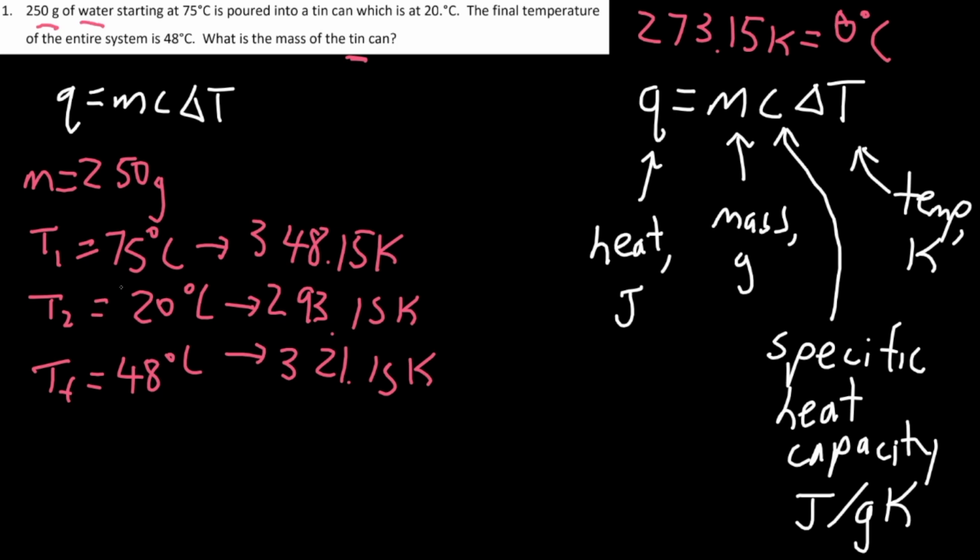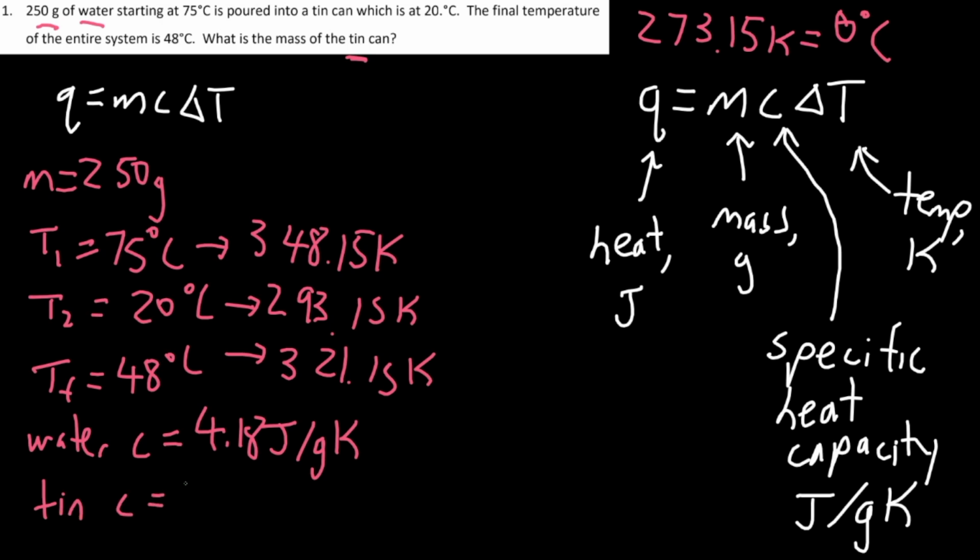So the C of water, so I'll just write water. The specific heat capacity of water is 4.18 joules per gram Kelvin, and the specific heat capacity of tin, which you can look up, is 0.21 joules per gram Kelvin.